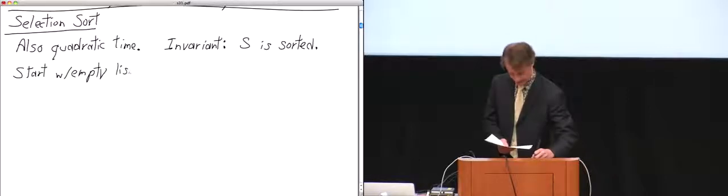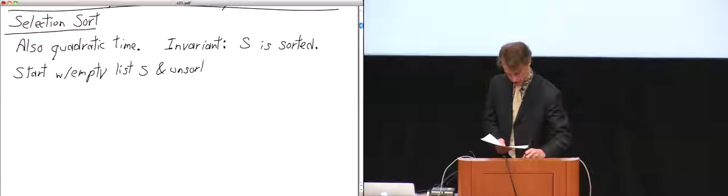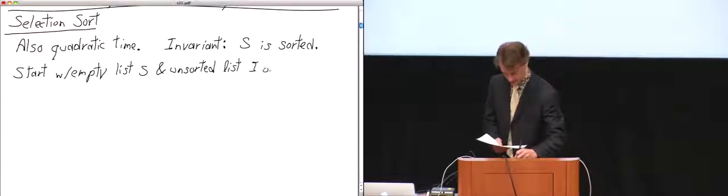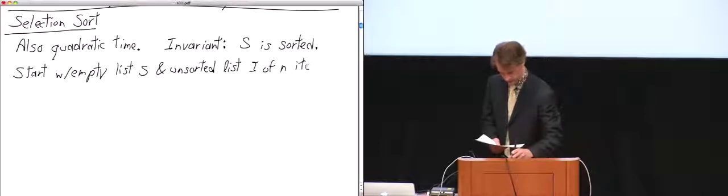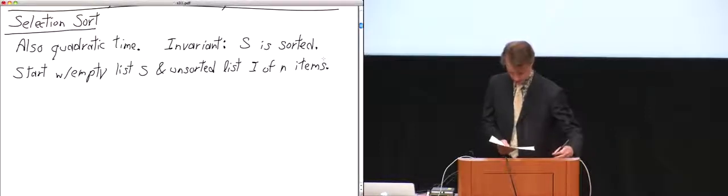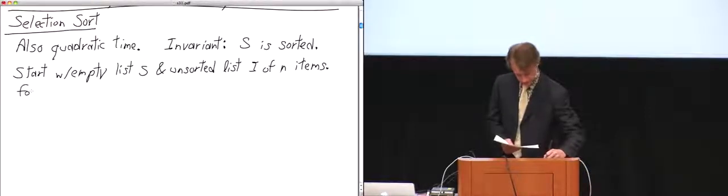So we will start exactly as we did with insertion sort. You have an unsorted list I and a sorted list S, with n items in total. And now what we're going to do is just loop n times.